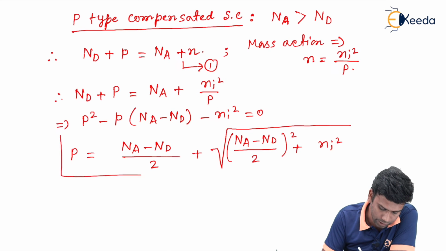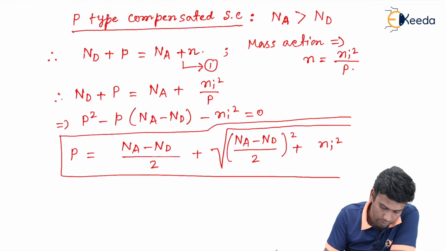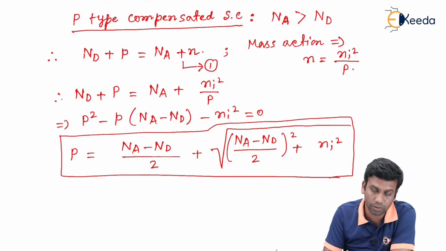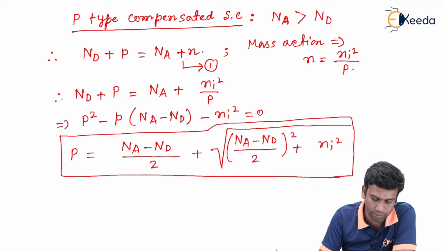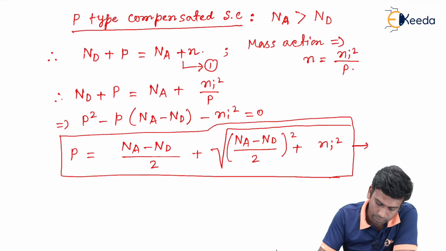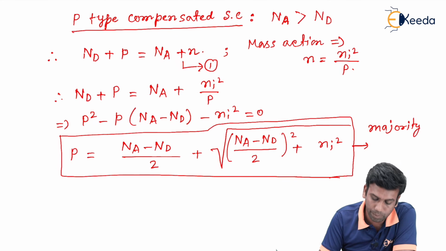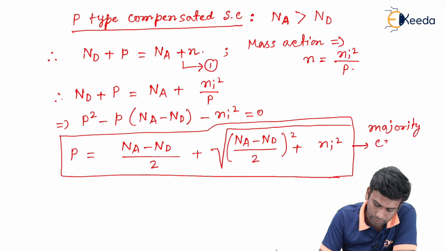So this equation will give the concentration of the holes, that is the majority carrier concentration, in the P-type compensated semiconductor.